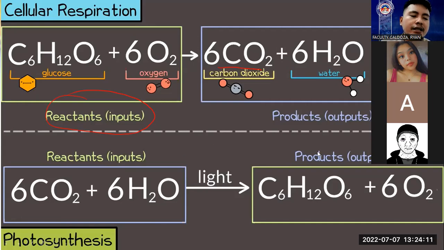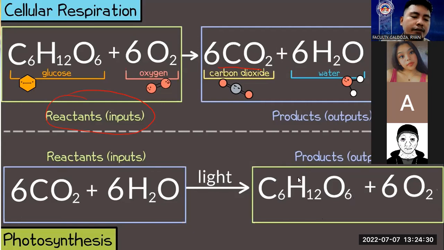And with that, sabi natin dito, when carbon dioxide and water, class, react to each other in the presence of light, nagkakaroon tayo ng product na glucose and oxygen. Para saan ang glucose at para saan ang oxygen?